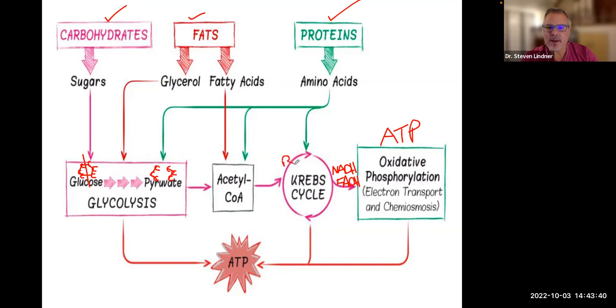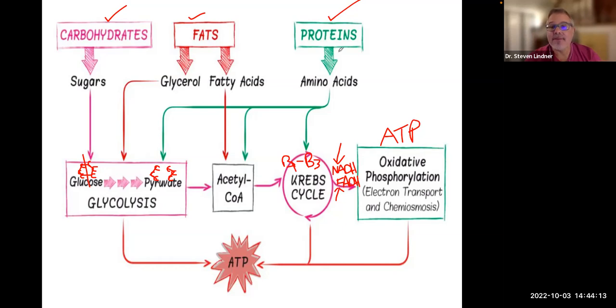We need B1 to B3. The N is from niacin. And the F is flavin, like from riboflavin, which is B2. So niacin is B1. I'm sorry, niacin is B3, and riboflavin is B2.